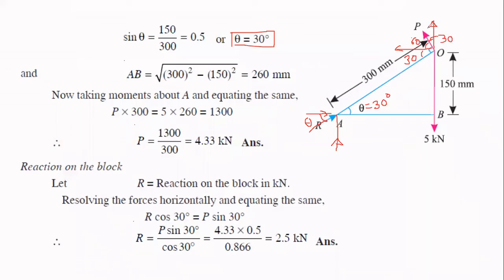Okay. Now resolving this P force, I have considered this force P, which is making an angle of 30 degree with the vertical axis. That's why this component is P cos 30, and the horizontal component is P sin 30.